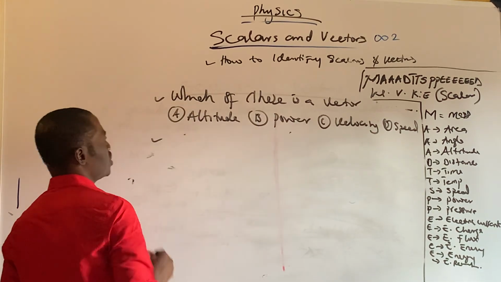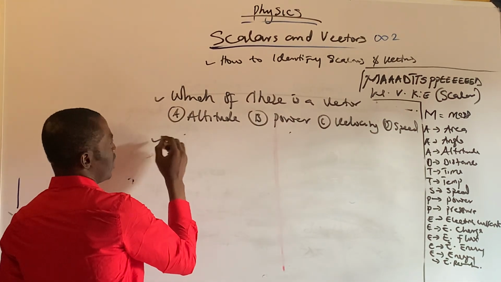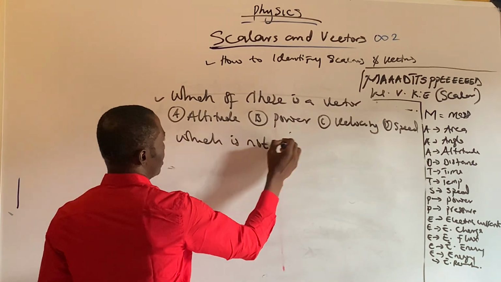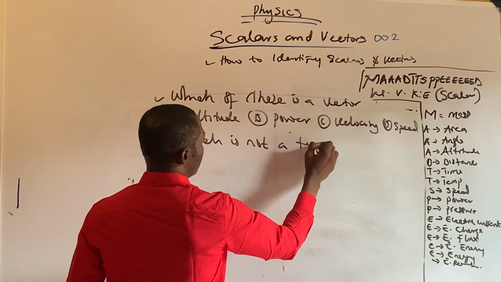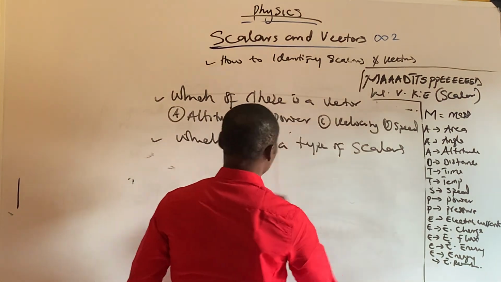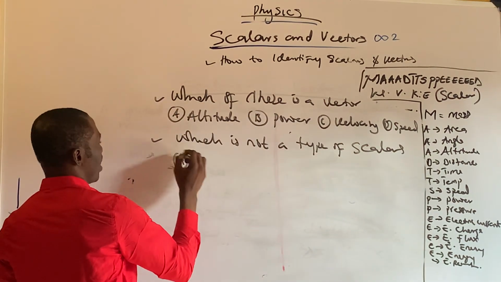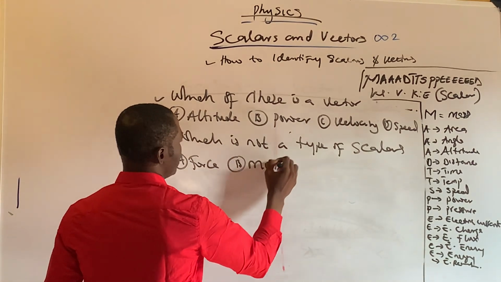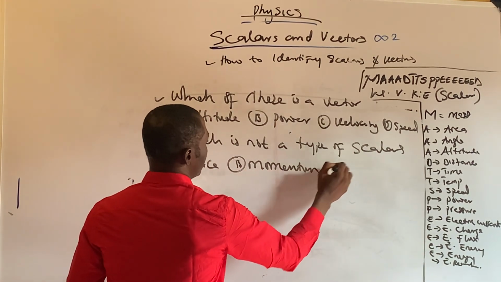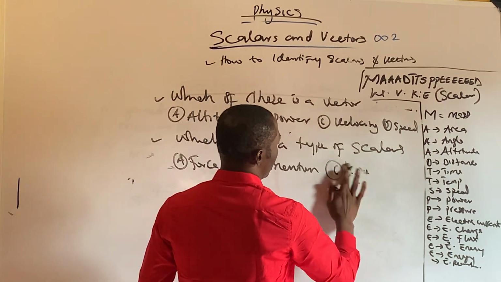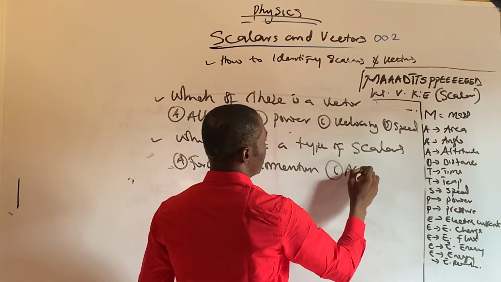Question number two, we'll say which is not a type of scalar? We have A, force. B, momentum. C, impulse, or we have area.